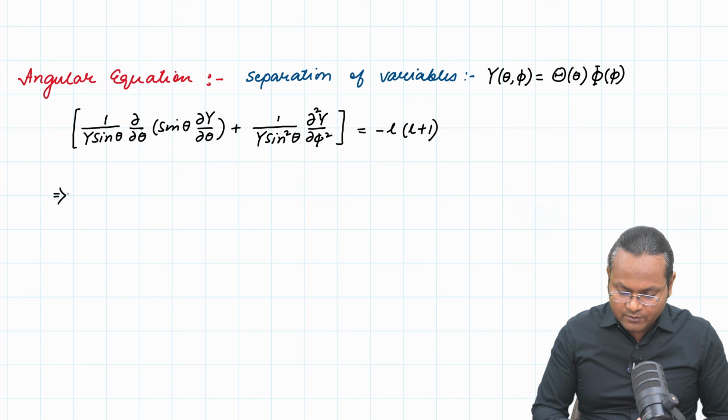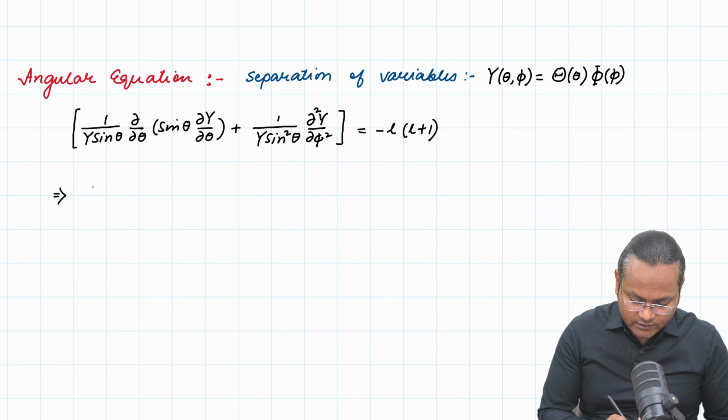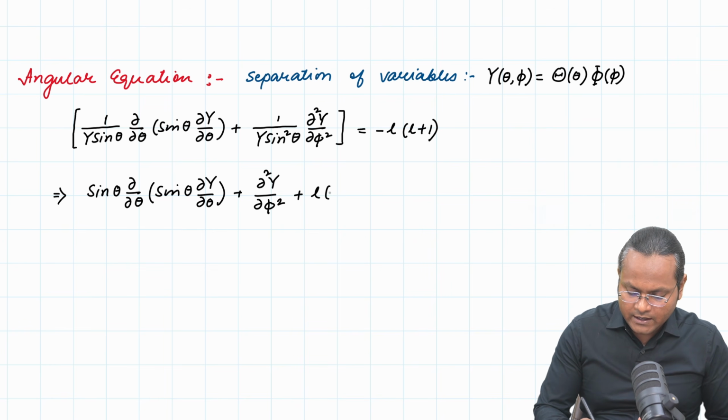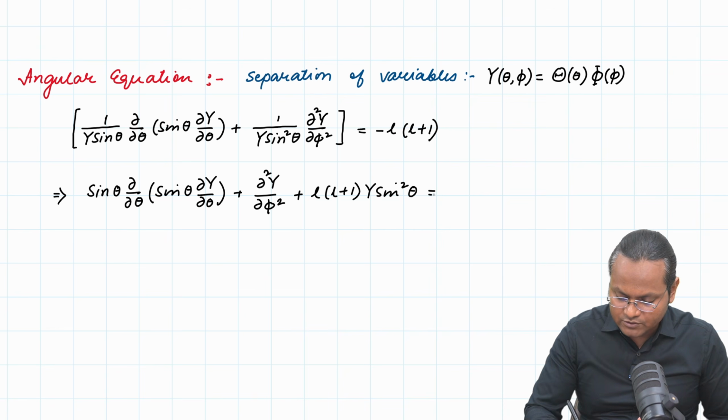So if I multiply both sides with y sine square theta, here I'll get sine theta del upon del theta of sine theta del y upon del theta plus del 2y upon del phi 2 plus L plus 1 y sine square theta is equal to 0.